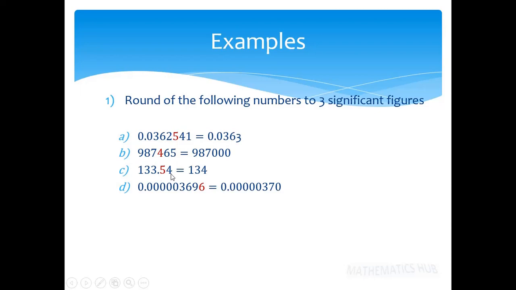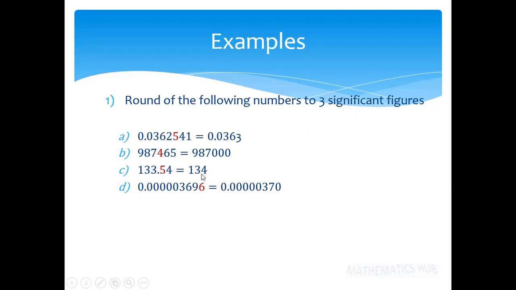If I say my answer is 114.00, then it means I now have 5 significant figures, because trailing zeros are significant if we have a decimal point. So the moment I put .00, it means now I have 5 significant figures, but the question requires me to write my answer correct to 3 significant figures. That's the reason we are only having 114.